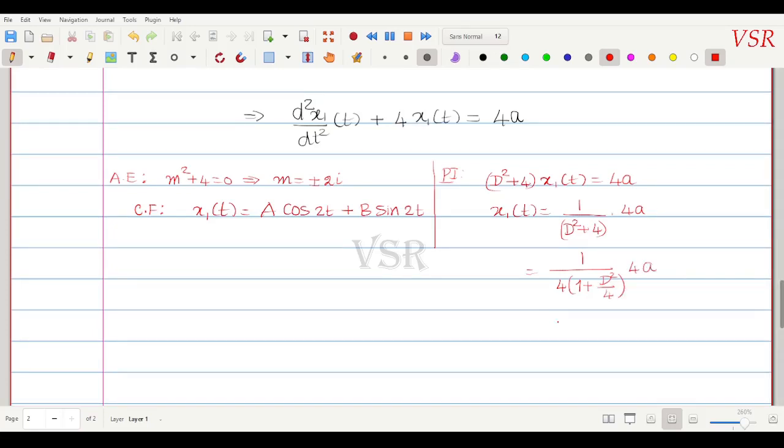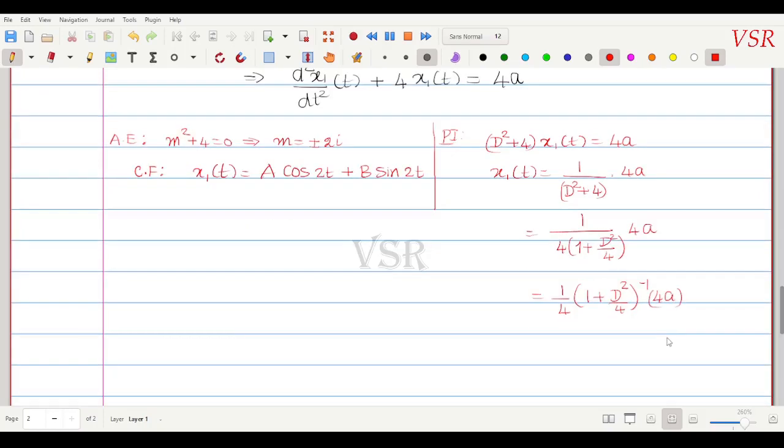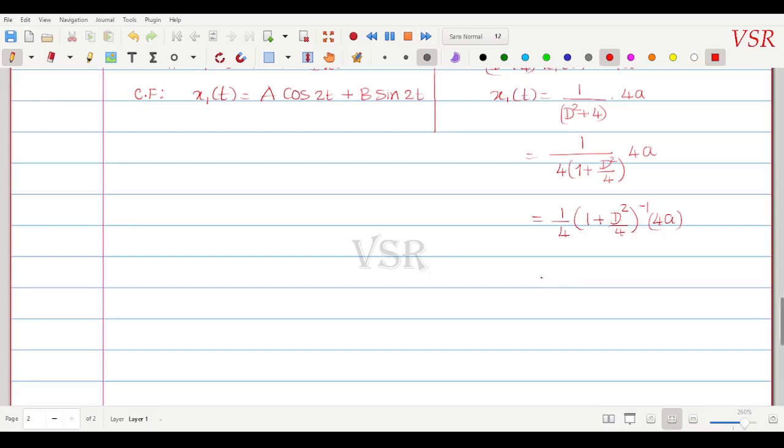This is equal to 1 by 4 into 1 plus d square by 4, the whole inverse, into 4a. Note that 4a is constant. So this expands as 1 by 4 into 1 minus d square by 4 plus d to the power 4 by 16 minus and so on, into 4a.